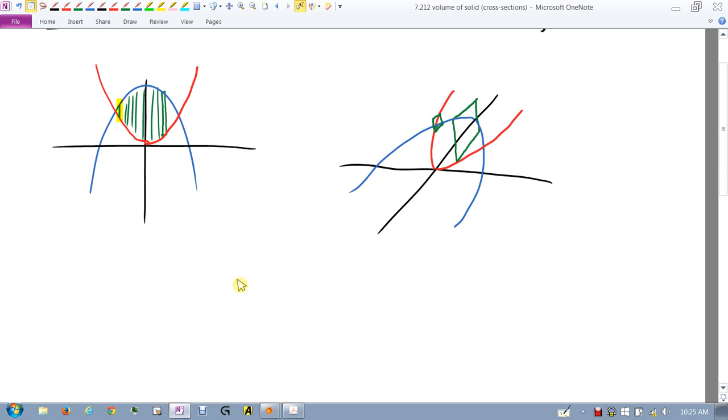So let's go back and try and find this. Let me pose the problem the way it would be posed in the book.